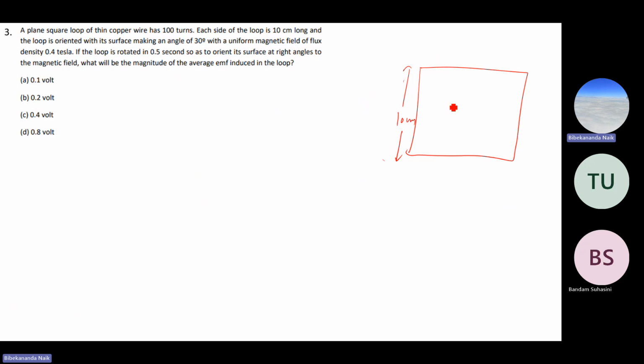Suppose this is the direction of the magnetic field, and the loop is oriented like this. So this angle is theta, and this theta is 30 degrees.